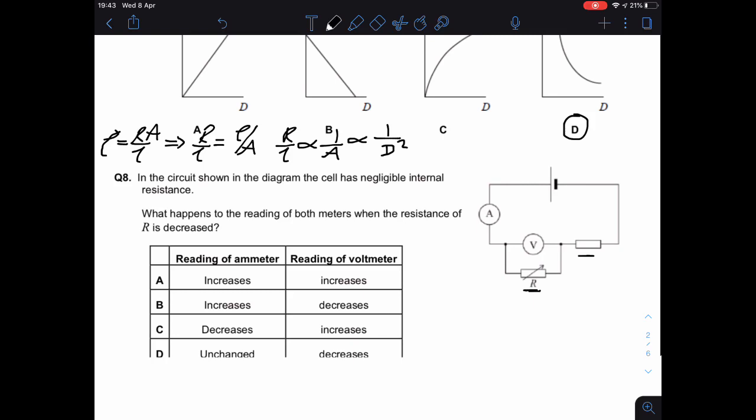Okay, so once you've realised that, we're looking to find out what happens to the reading on the ammeter and the voltmeter when the resistance of our variable resistor is decreased.